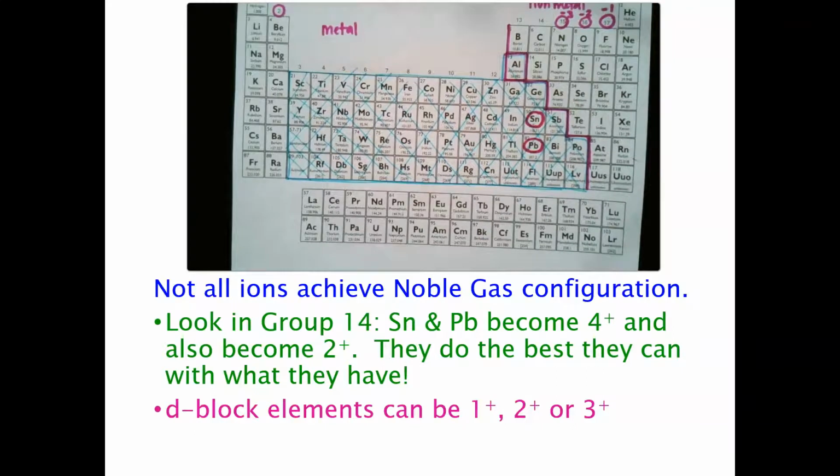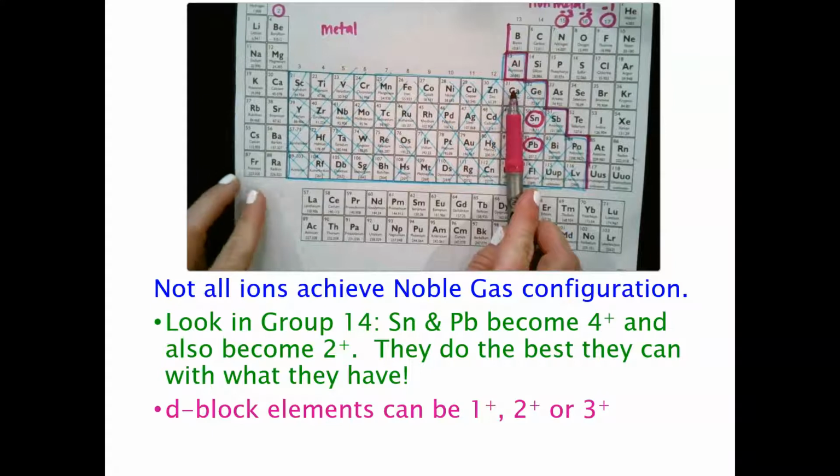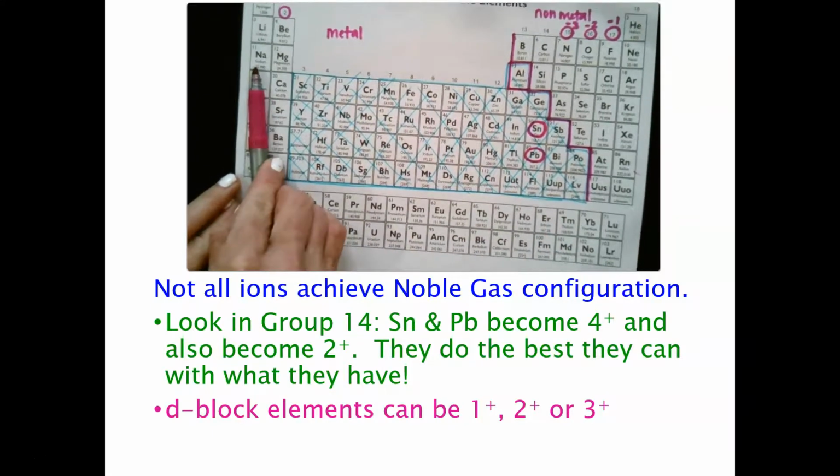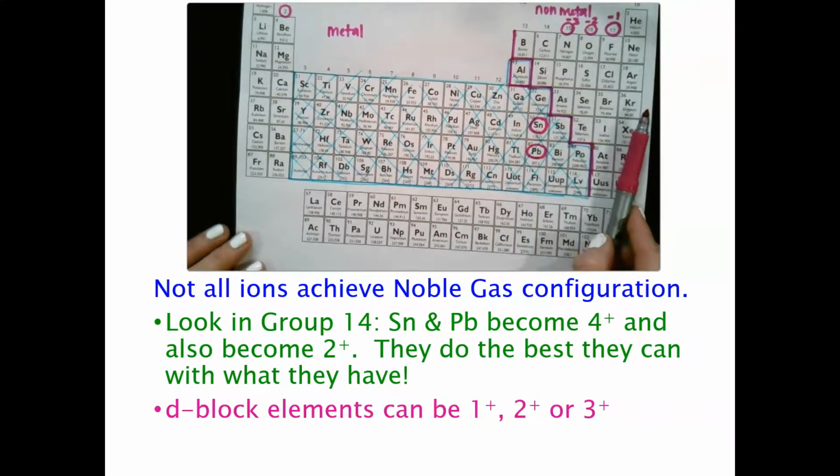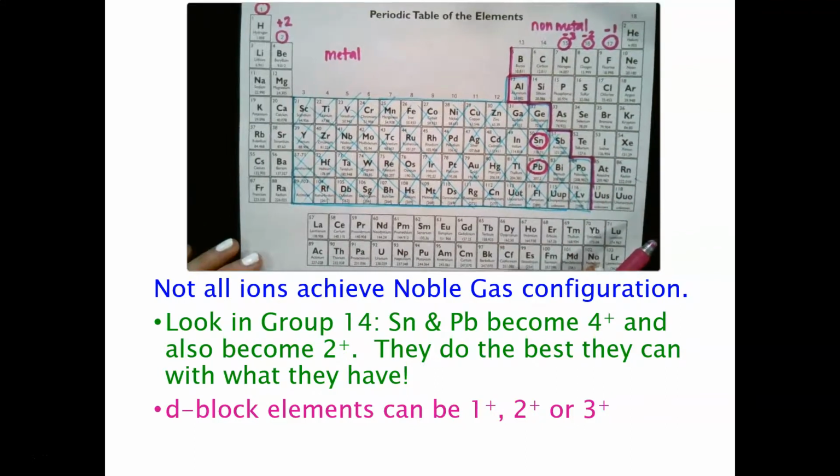Tin and lead are in group 14. They will have either a +2, so they'll lose 2, 1, 2, to kind of empty their P block. Or they'll lose 4, they'll lose these 2, 1, 2, and then these 2 over here, 3, 4, to get very similar to a noble gas configuration. They can do 2 different things to try to get that happy configuration.